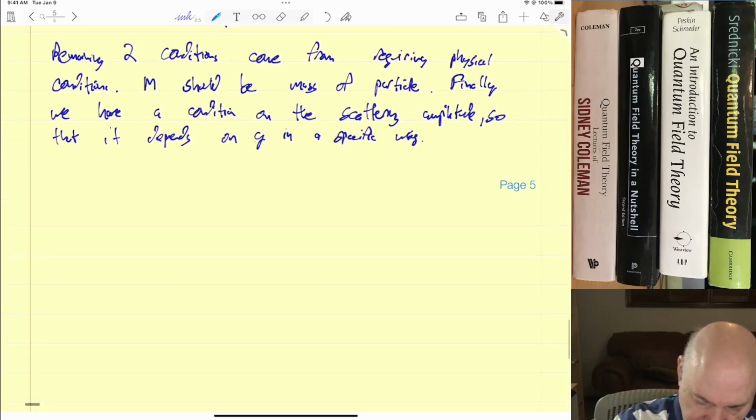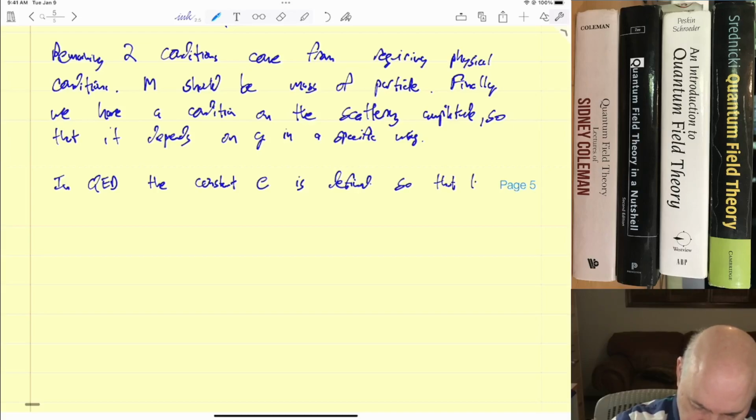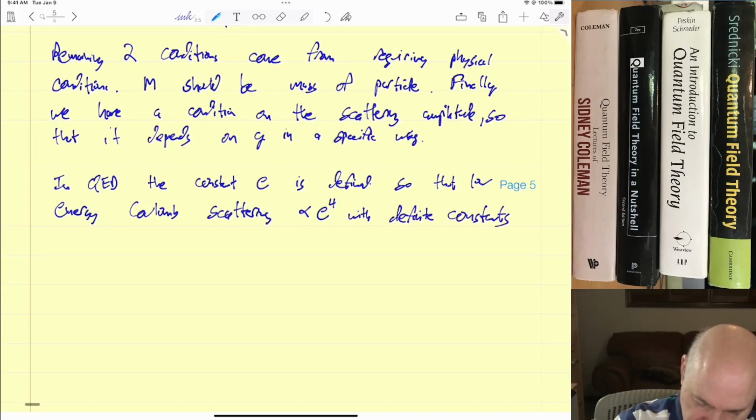As an example of this, in quantum electrodynamics, the constant e is defined so that the low energy Coulomb scattering is proportional to e to the fourth, with definite constants of proportionality.